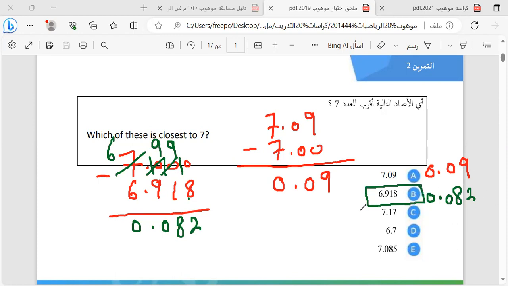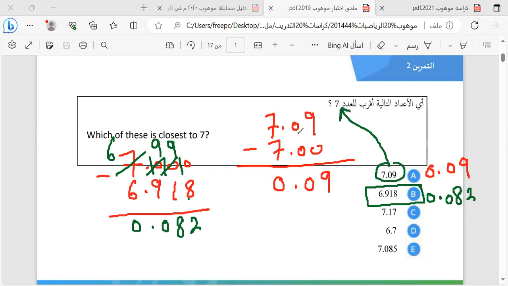So the answer is B. What? I didn't understand. Okay, you know how to subtract? Yes. Okay, only subtract this number from 7.